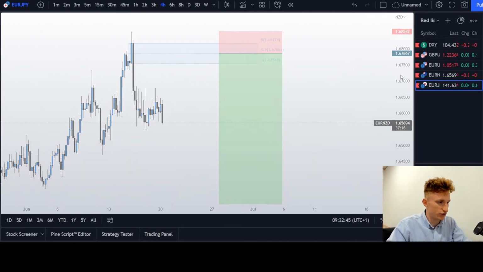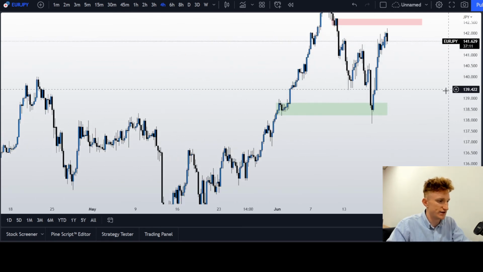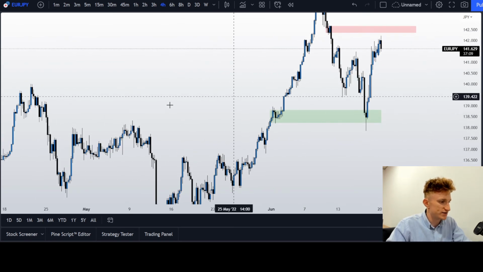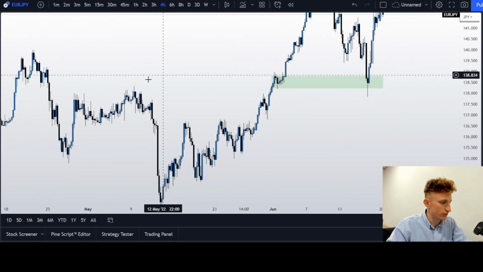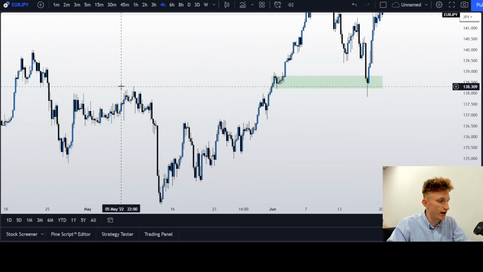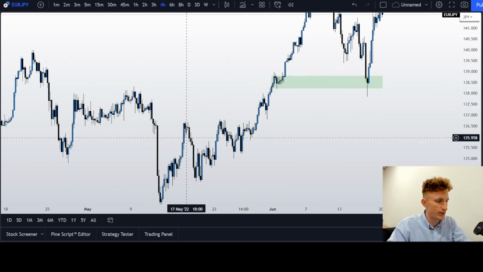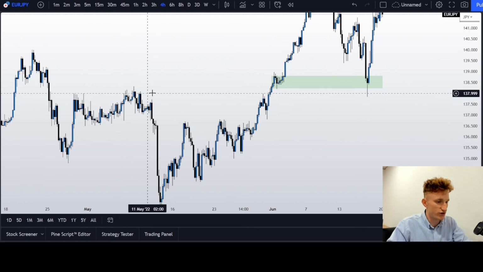I'm also looking at Euro JPY. Very nice example over here. We were here in bearish momentum. We could see a high, low, lower high, and we had equal highs. We sought liquidity, made a lower low, bearish momentum, but then we broke this structure over here.